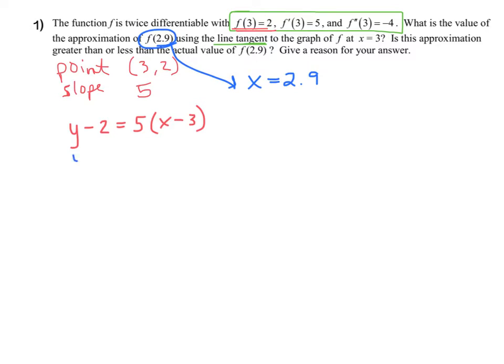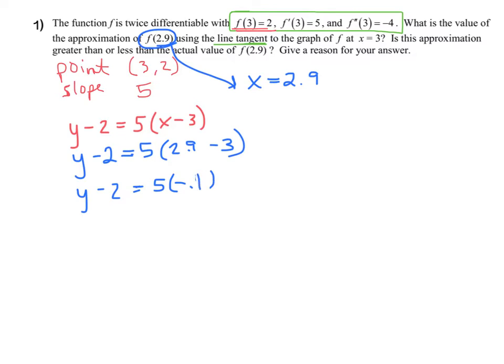So we plug in 2.9 for x, and what we get there is y minus 2 is equal to 2.9 minus 3, which would be negative 0.1, so 5 times negative 0.1. Oh, what am I doing here?